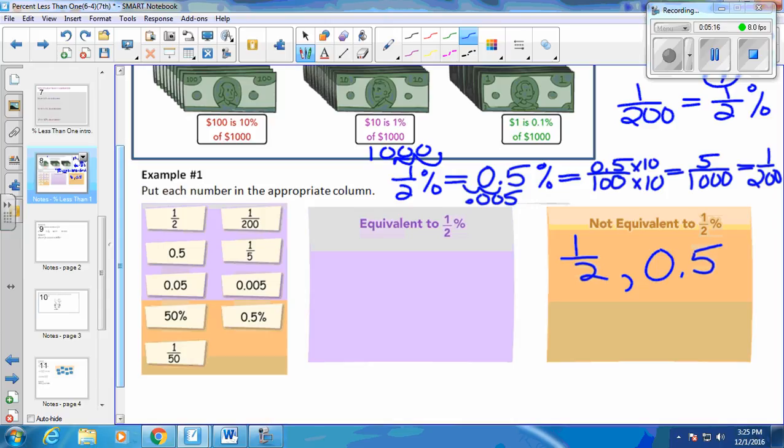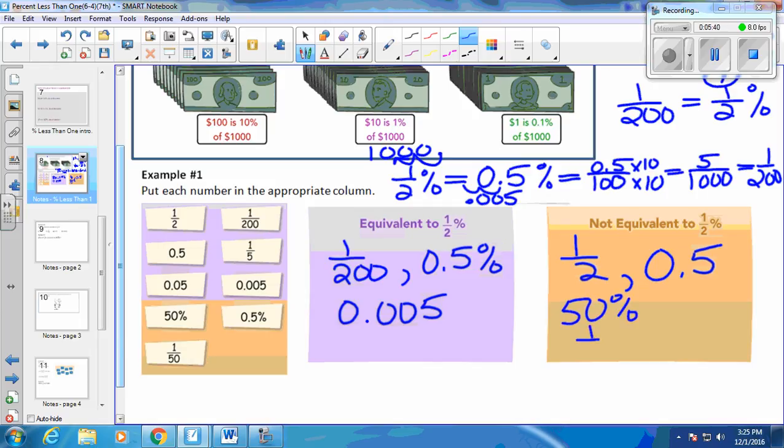So we have already figured out that 1/2% is equal to 1/200th, which is also equal to 5/10%. And we just calculated it out to be 5 thousandths. So that would mean that it's not equal to a half, it's not equal to 5/10, it's not equal to 50%, it's not equal to 1/50th, not equal to 5/100ths, or 1/5.